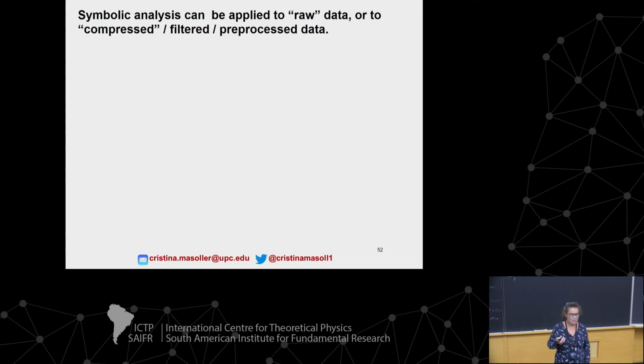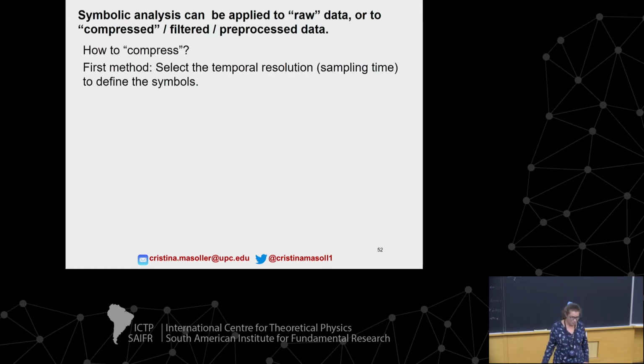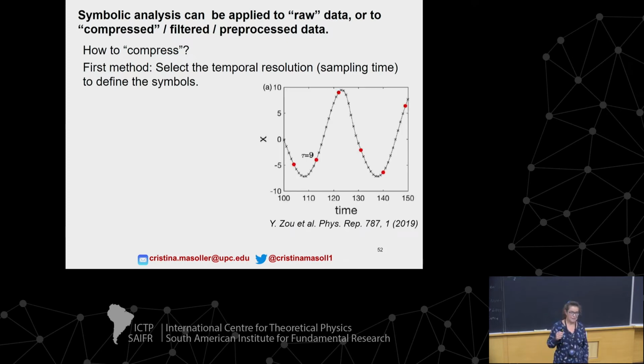Okay, so symbolic analysis can be applied to the raw data that you have, to all your data, or you can try to compress, filter, or pre-process the data to only keep the meaningful information. How can you do that? There are many ways. The first is to select the temporal resolution. Let's see this time series. It's a sinusoidal. If you choose one after another, all your data points, what's going to happen?